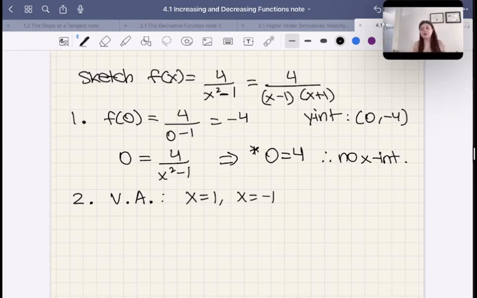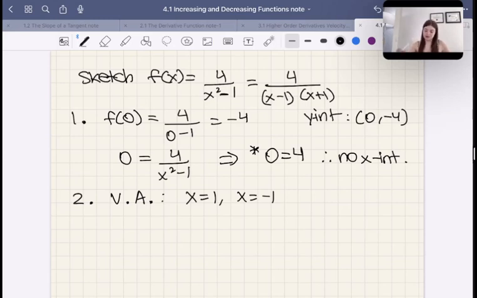Now, how do we know these are both definitely vertical asymptotes and they're not holes? Well, we know this because we can't cancel these out with anything on the top. The top is just 4, and 4 does not factor into or simplify into x minus 1 or x plus 1, and so therefore we can't do it, right?